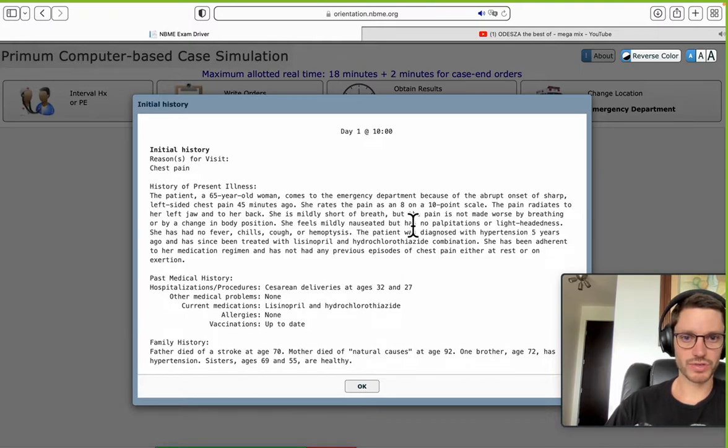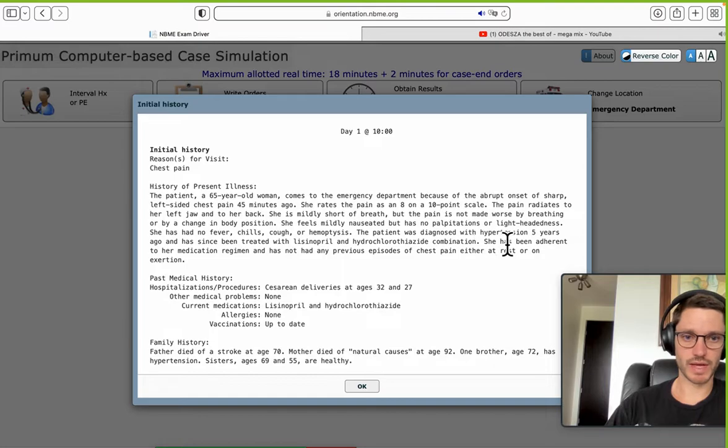She is mildly short of breath, but the pain is not made worse by breathing or by a change in body position. So it's not pleuritic, and it's not osteomuscular. She feels mildly nauseated but has no palpitations or lightheadedness. She has had no fever, chills, cough, or hemoptysis.